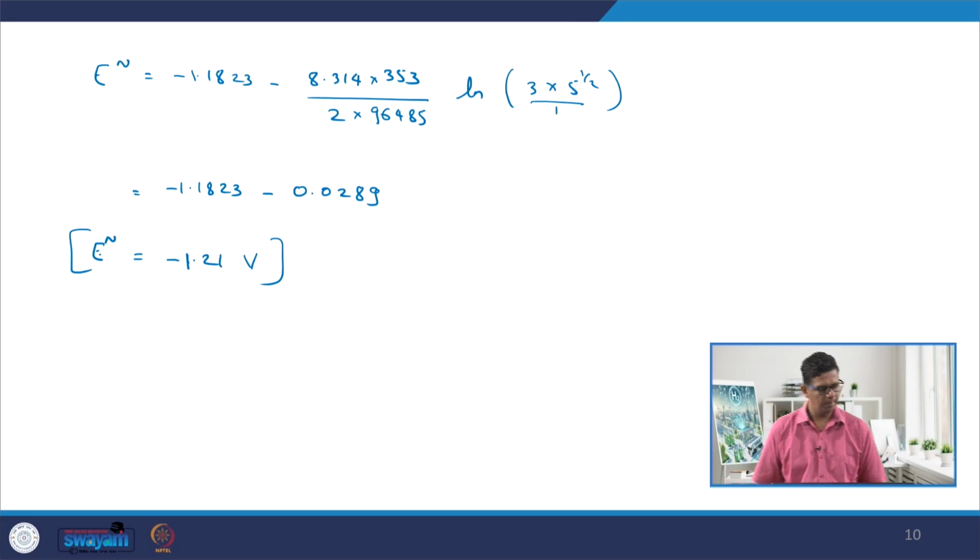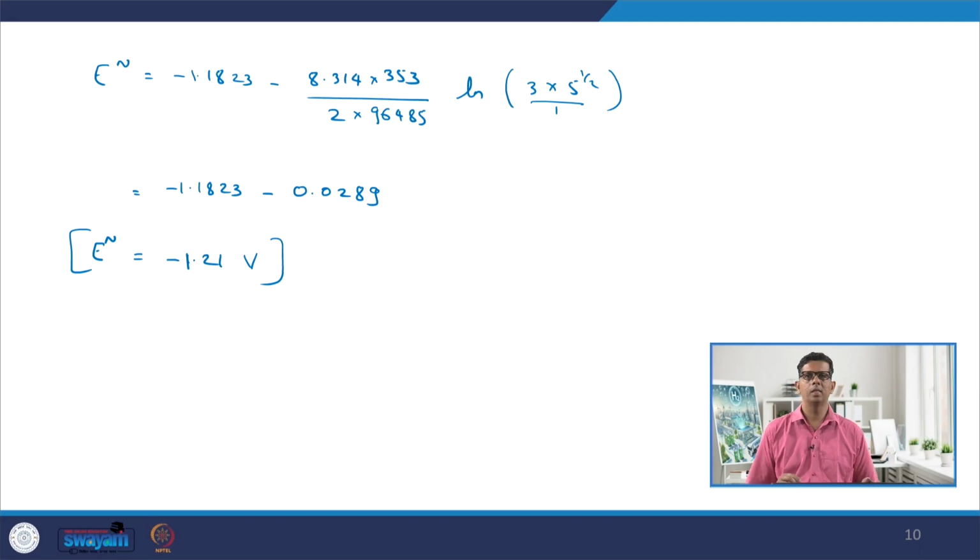So, as you can see, what does this minus sign signify? It signifies that it is an energy intensive process. So, we need to supply roughly 1.21 volt of electrical energy to kickstart this reaction, and then only we will be able to generate the hydrogen and oxygen. So, this is what we have come to an end, and if we compare this Nernst potential of the fuel cell, that was close to 1.2 volt for the similar conditions.